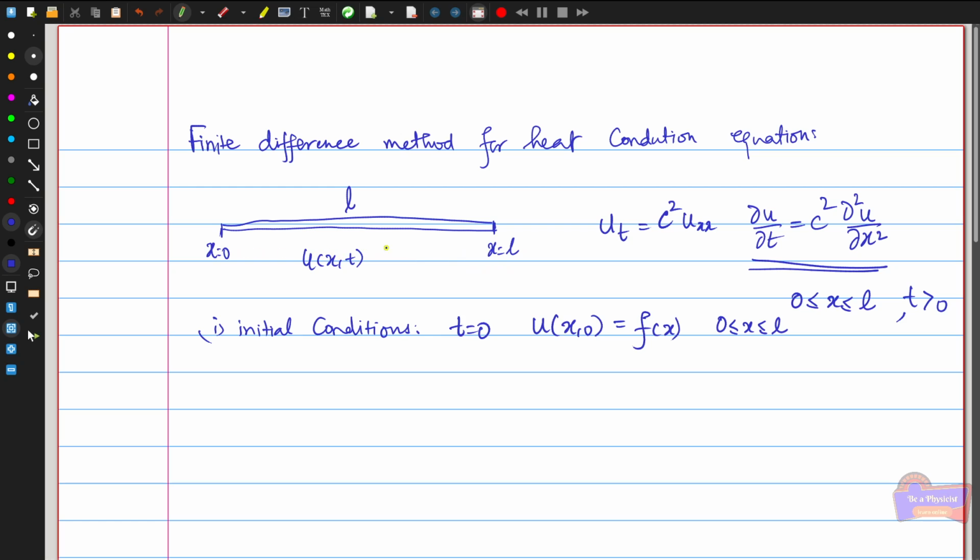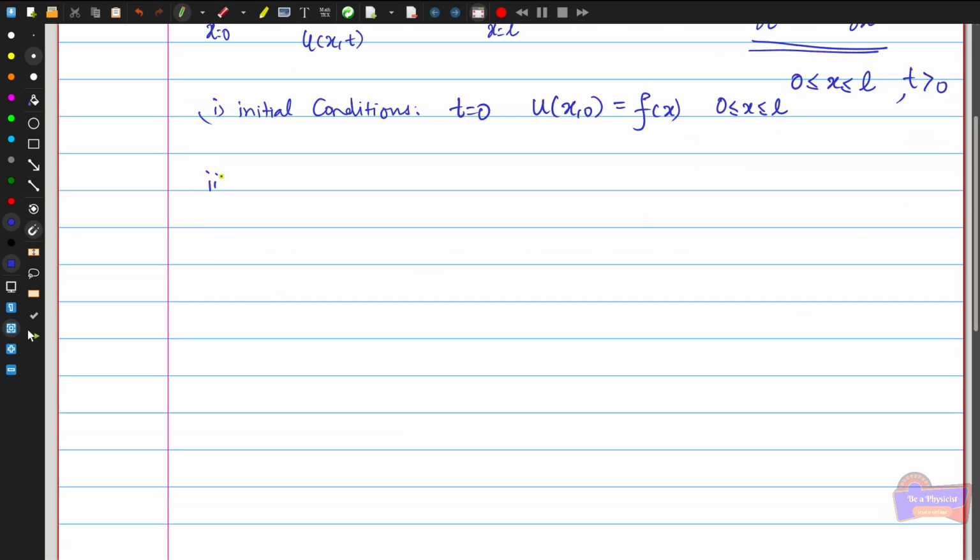Since the bar has length 0 to L, we can also give boundary conditions. Suppose the bar has length L; the boundary conditions are given at x equal to 0 and x equal to L. At x equal to 0, which is one end of the bar, we may have some temperature or condition, and similarly on the other end we have a variation of temperature.